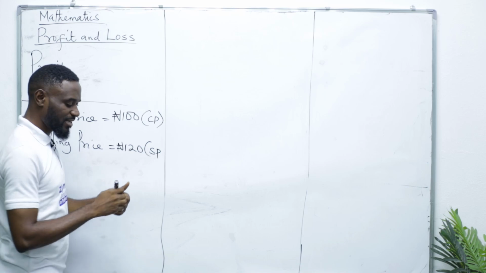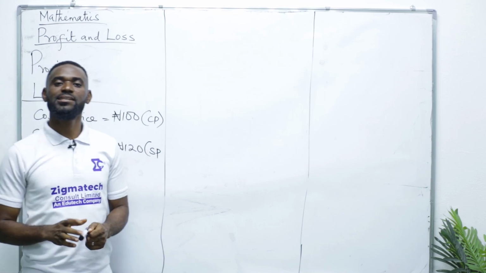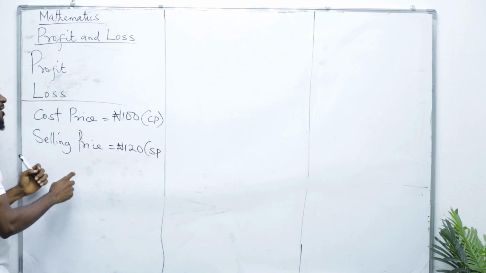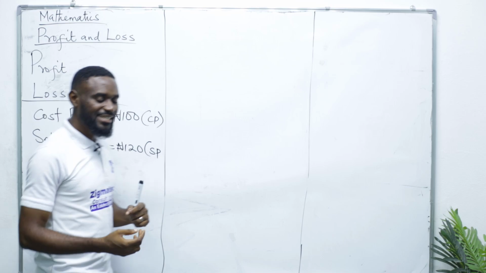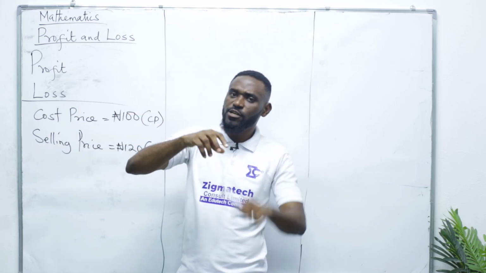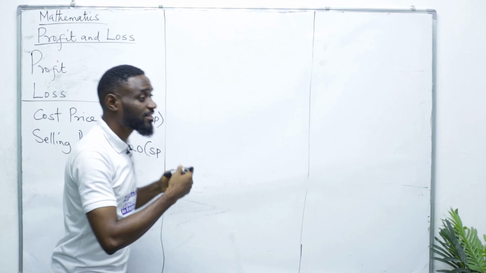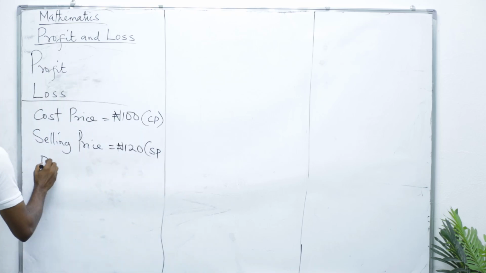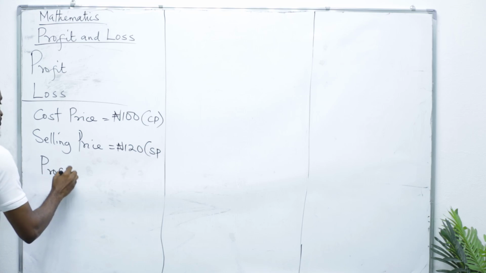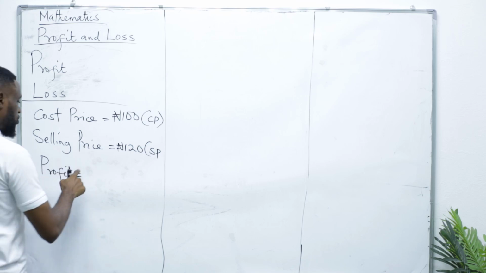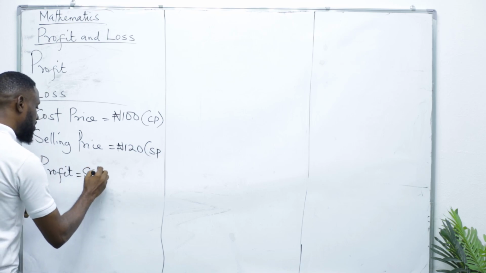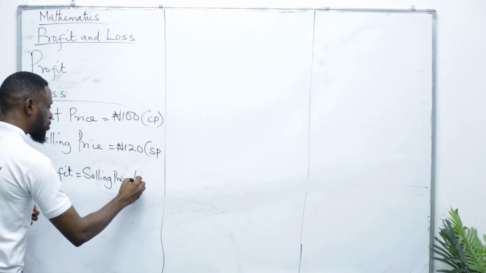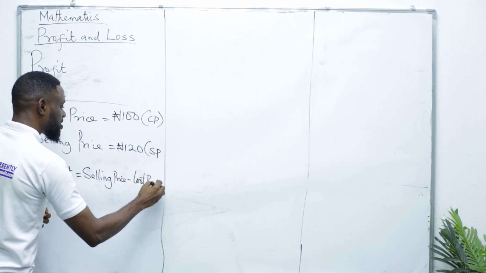So anytime you hear me say SP, it means selling price. CP means cost price. Since we say profit is the money that is gained from selling an item, the formula for calculating profit is equal to selling price minus cost price.